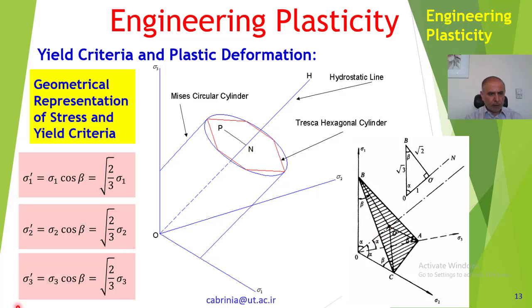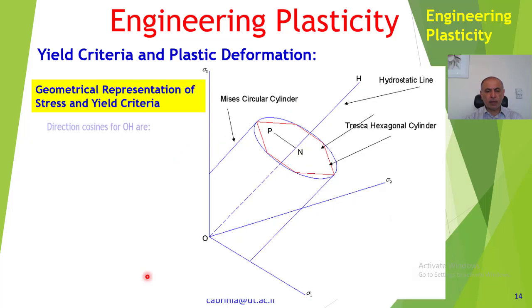And then we have these three components of stresses on the deviatoric plane, which are proportional to sigma 1, sigma 2, sigma 3, with the constant of proportionality root 2 over 3. So we use this in the next slides.